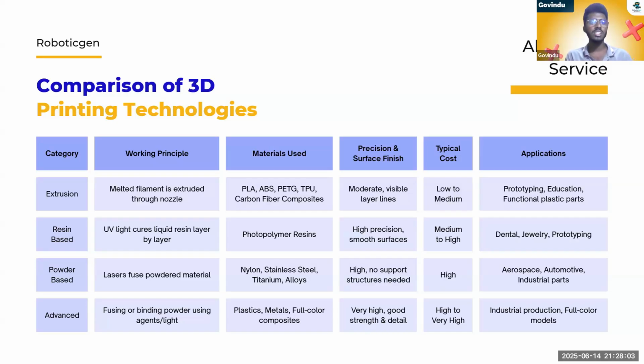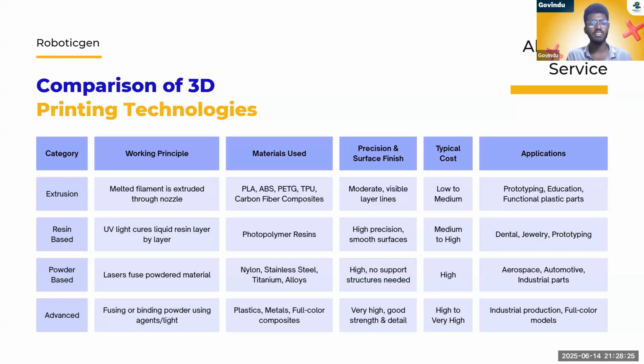Normally in extrusion and resin based printers we use plastic based materials like PLA, ABS, carbon fiber composites, and photopolymer resins. Those are the things used in extrusion and resin based printing.